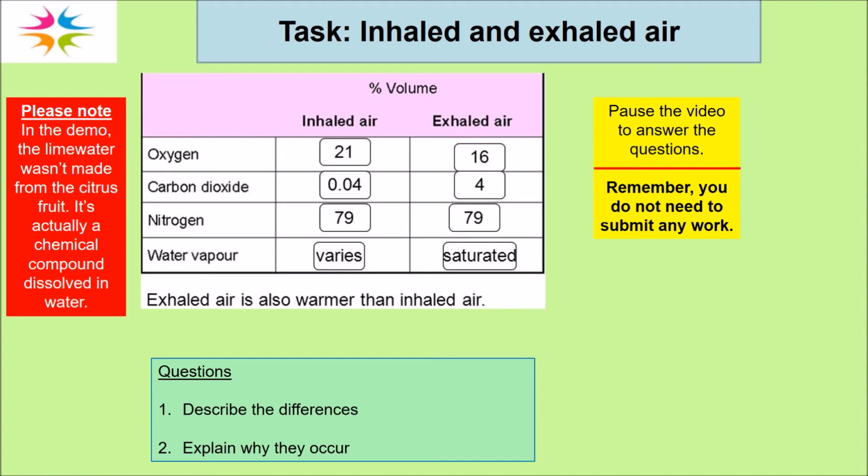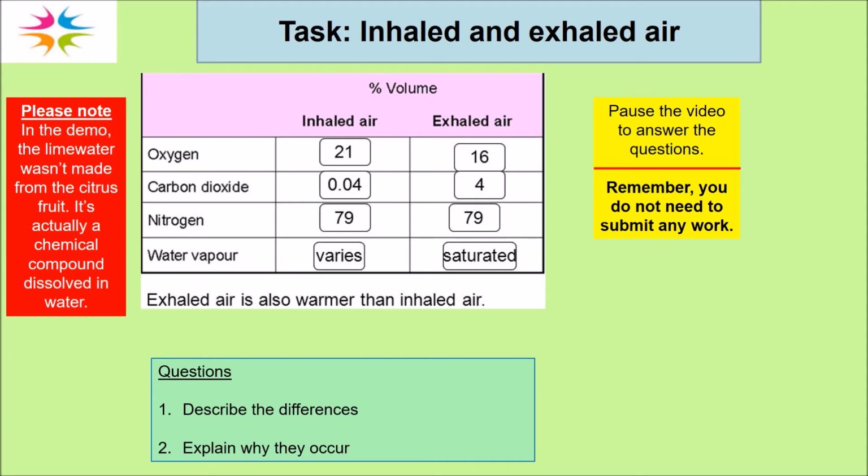So why these differences? Well, with oxygen, a reaction takes place in your body that causes the oxygen to be used. So oxygen will react with glucose, and this allows energy to be released in your body. So oxygen is needed.